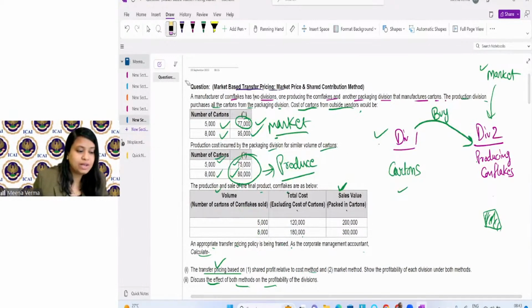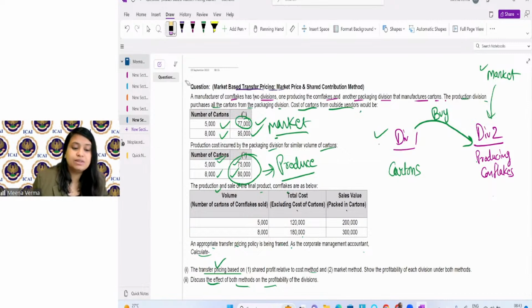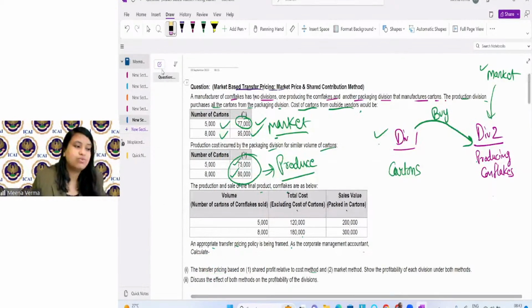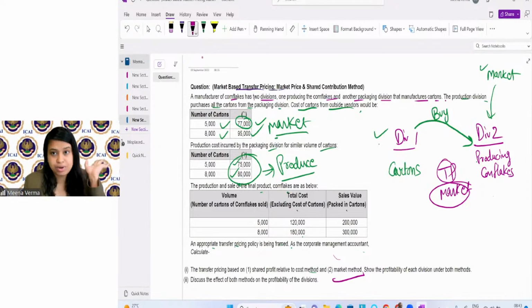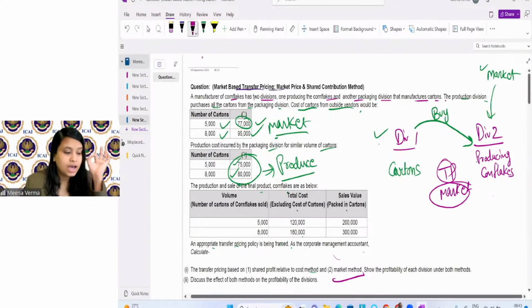So what is happening here? They have already decided the basis of transfer pricing. The first method is on the basis of market; on the basis of market, you're deciding the transfer pricing. This is one of the methods. And the second method is what? A shared profit.